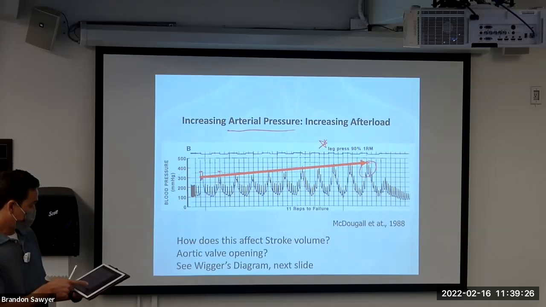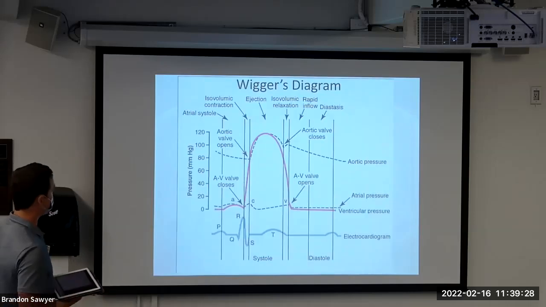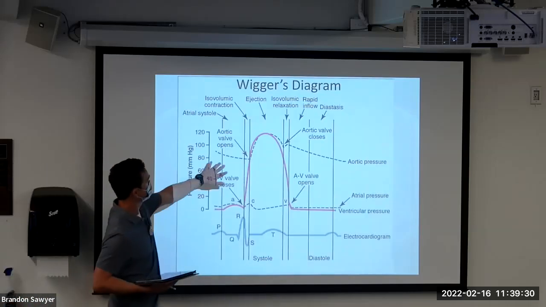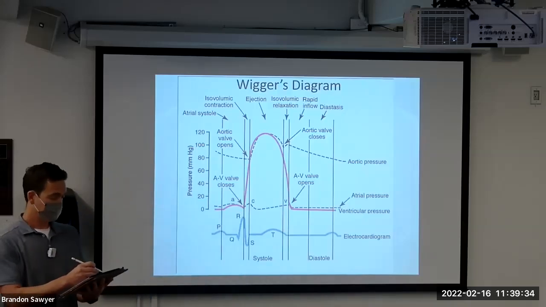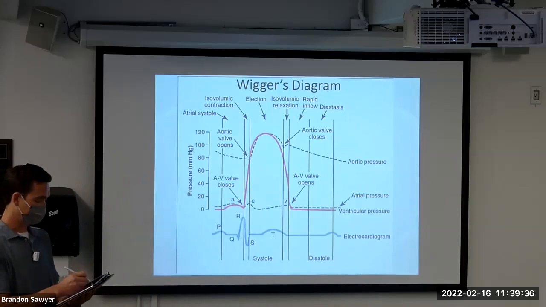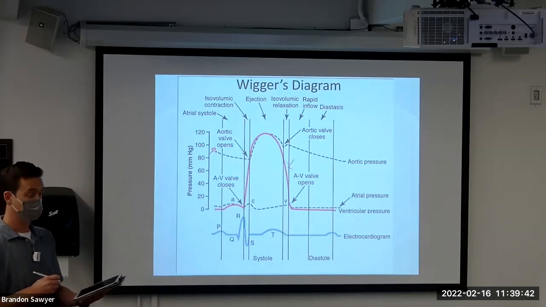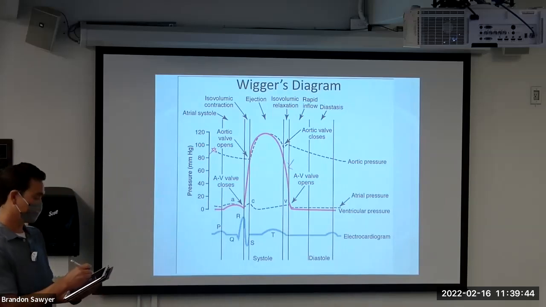If we look at this in terms of the Wiggers diagram, like we had before, and this was one of the questions that some of you answered on the test, then this dotted line is our aortic pressure, whereas the red line is our ventricular pressure, right?